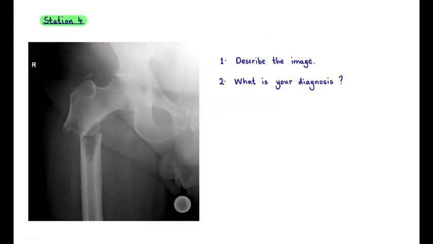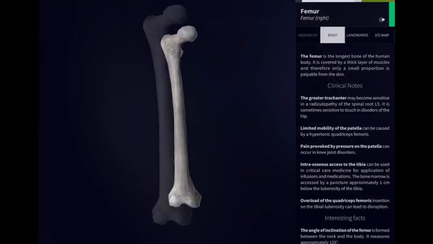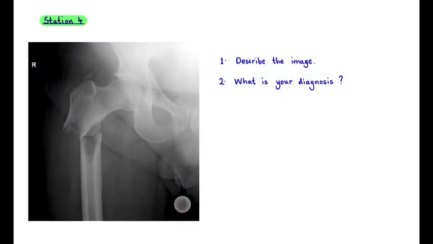Station 4, describe the image. What is your diagnosis? Before I read the answer, just notice the fracture here and this particular lytic lesion right here. So number 1, the image shows an X-ray of the right femur depicting a subtrochanteric transverse fracture that is displaced. The greater trochanter is right here and the lesser trochanter is right here.